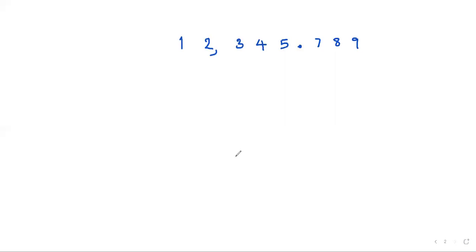And now when it becomes a decimal, it's like it is now divided into two. Like this. This side, we have the positive integer, or you can call it whole number.